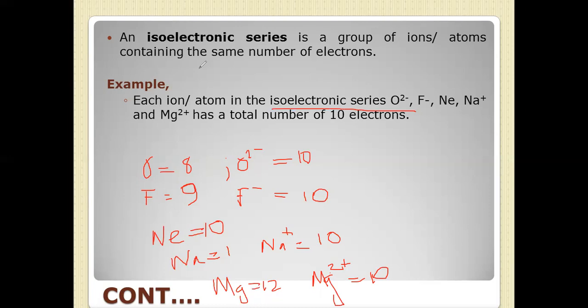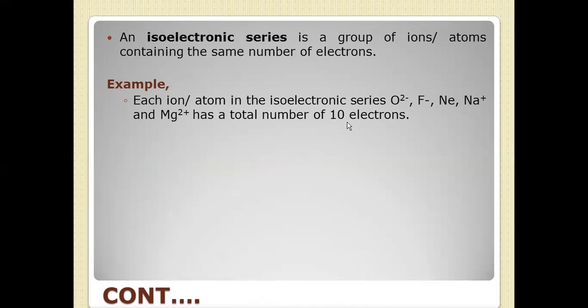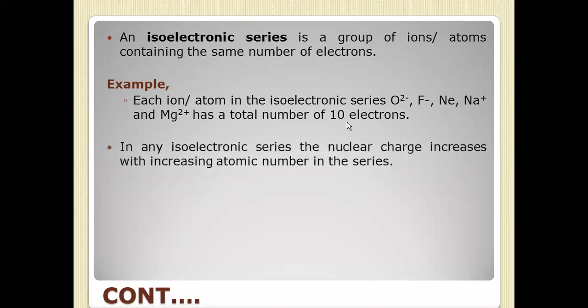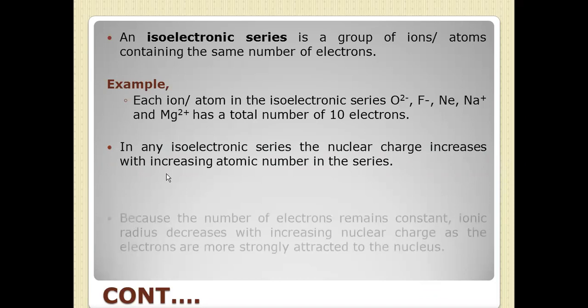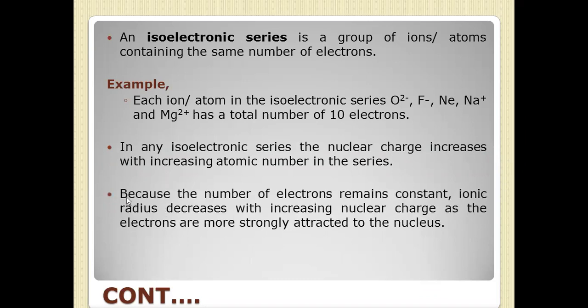So how does it show the major impact on this? In any isoelectronic series, the nuclear charge increases with increasing atomic number in the series. As the atomic number increases, the nuclear charge increases, therefore the size of the ion or atom will decrease. Because the number of electrons remains constant, ionic radius decreases with increasing nuclear charge, as the electrons are more strongly attracted to the nucleus.